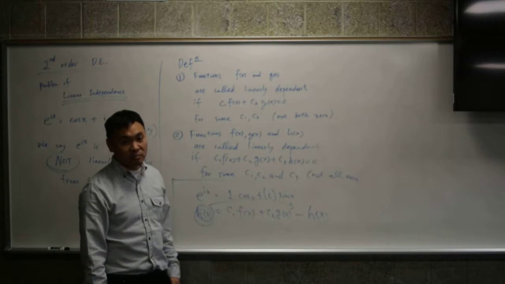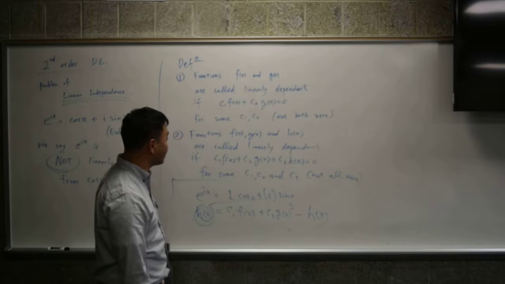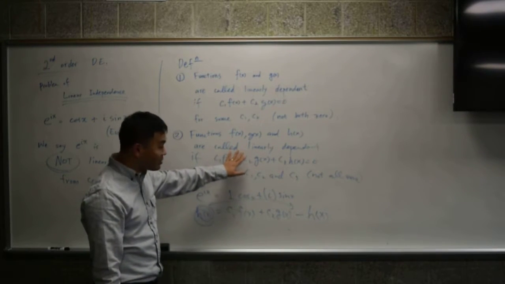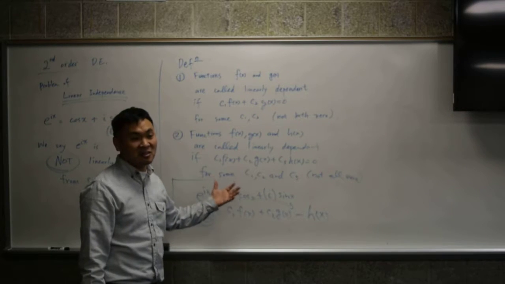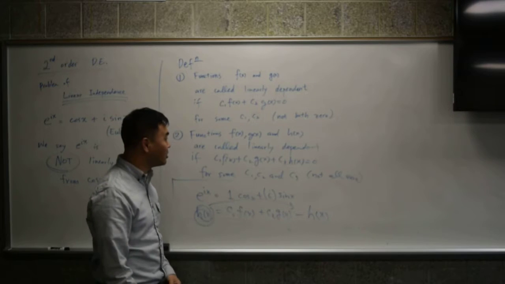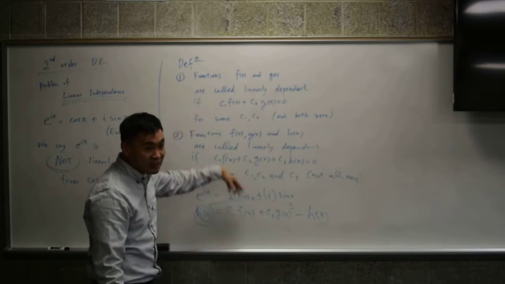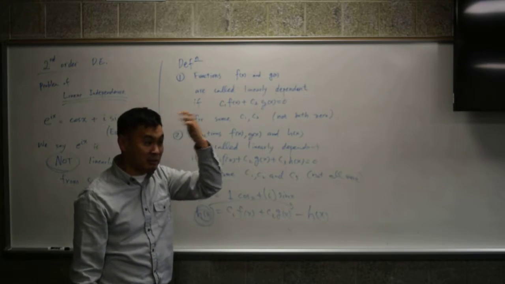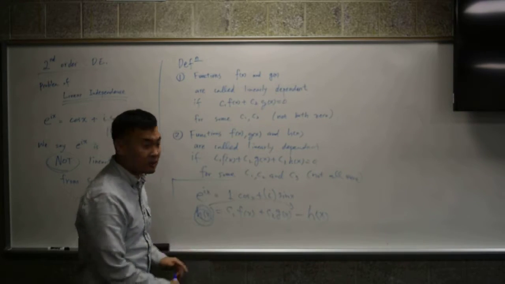So that's how linearly dependent is defined. And if it's not linearly dependent, then we call it linearly independent. Does it make sense? Okay. All right. So we define what linearly dependent means, but the opposite of being linearly dependent is linearly independent, which is the good thing. Right?